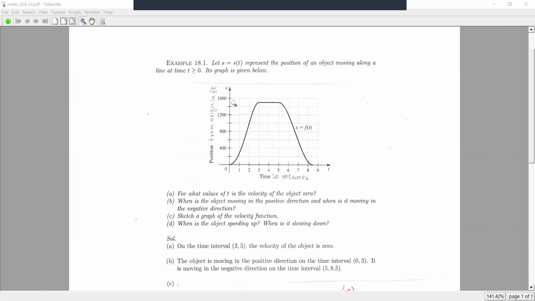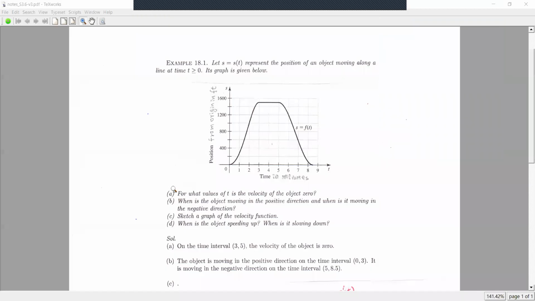It is about 1,500 feet. So between 3 and 5, the object doesn't move. Therefore, the answer to part A is on the time interval from 3 to 5, the velocity of the object is 0.